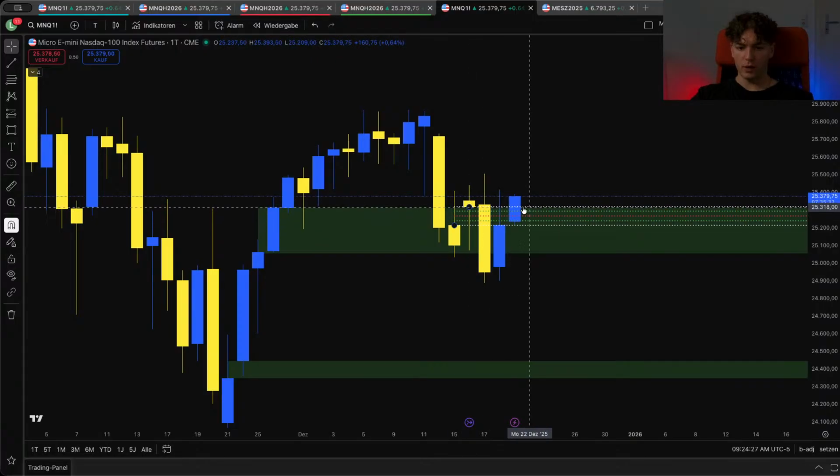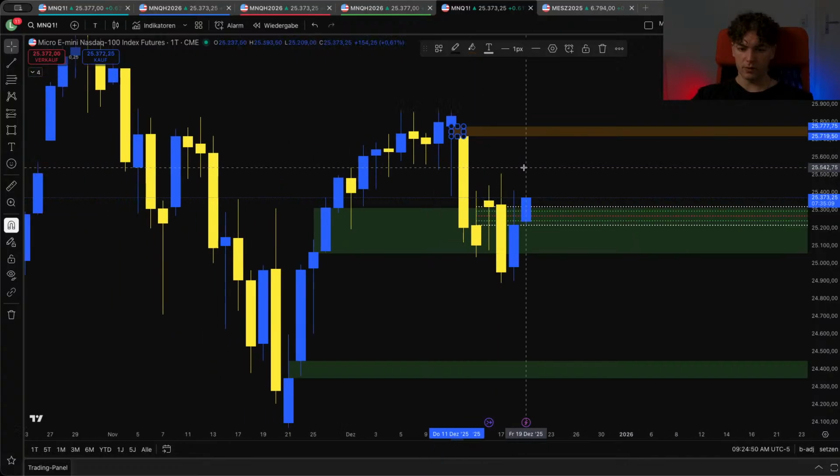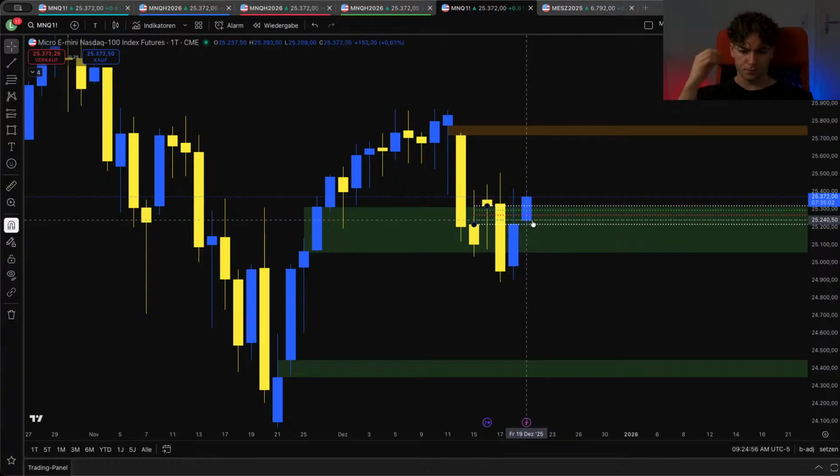If we lay an up close candle on top of this volume imbalance, and this daily candle also closes above this daily fair value gap, then I'm rather looking for higher prices on a short term basis. We also have this volume imbalance right here. So it's kind of difficult. We need to see how we close today.